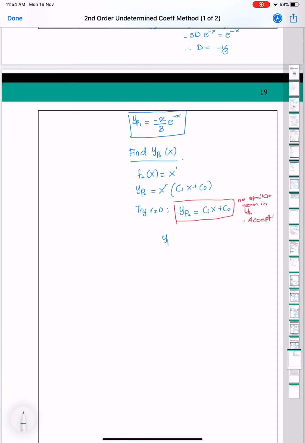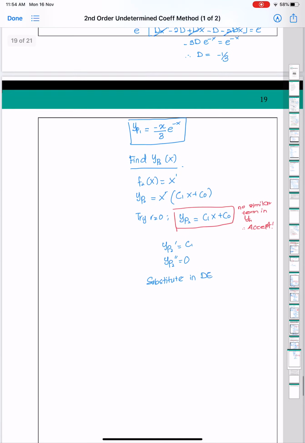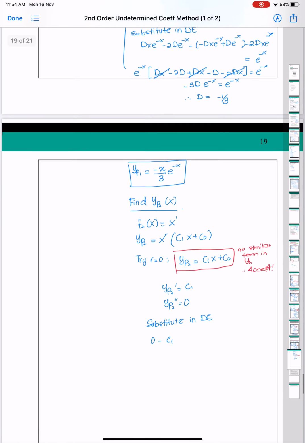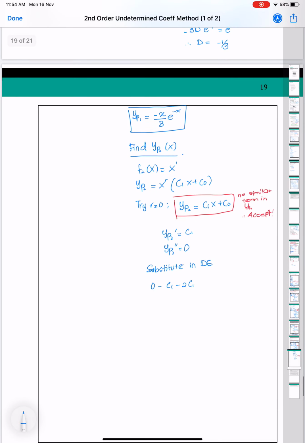So yp2 prime is equal to c1, yp2 double prime is equal to 0. So again, I substitute in the differential equation. I have y double prime minus y prime, so y double prime 0 minus y prime c1. Minus 2y, so minus 2c1x minus 2c naught. On the right hand side we will only consider this f2(x), which is equal to x.